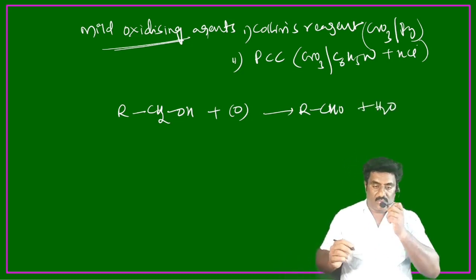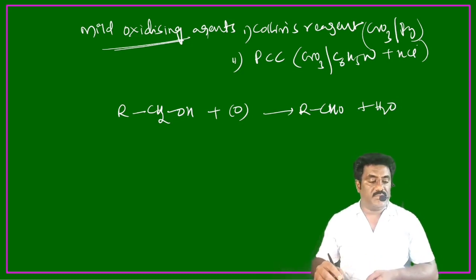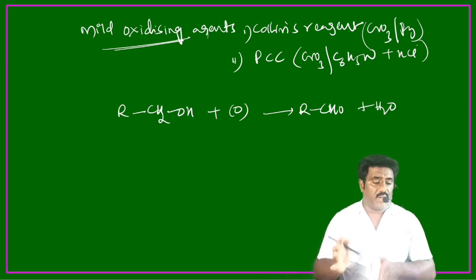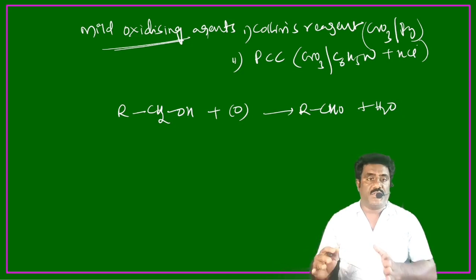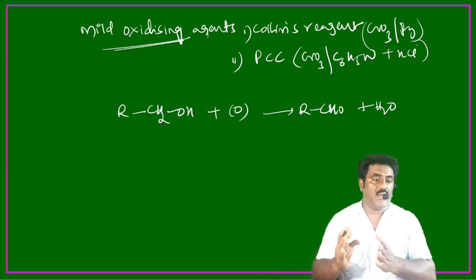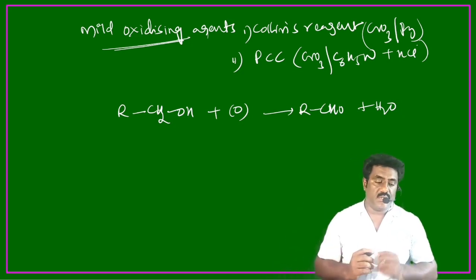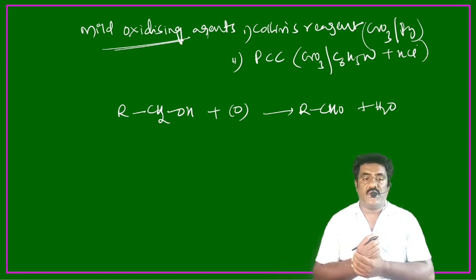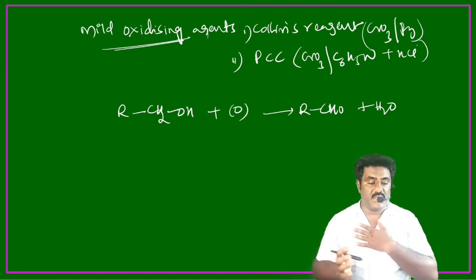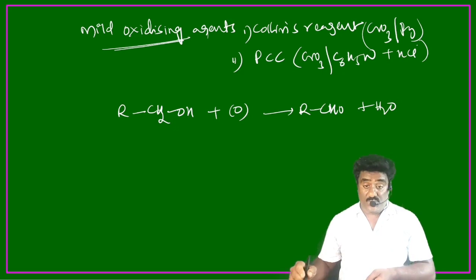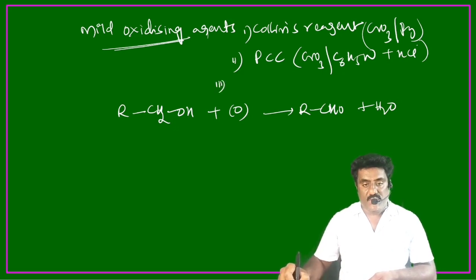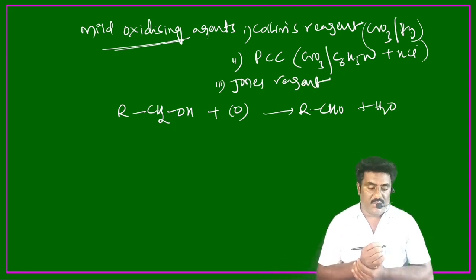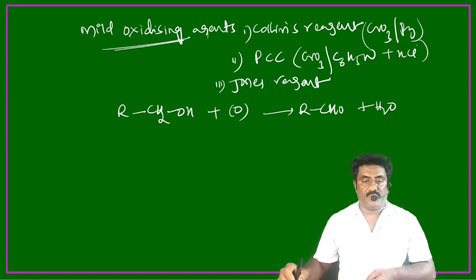Generally, primary alcohol oxidation gives aldehyde, secondary alcohol gives ketones. What is a mild oxidizing agent? PCC, PDC, Collins reagent, and Jones reagent also. These are the mild oxidizing agents.